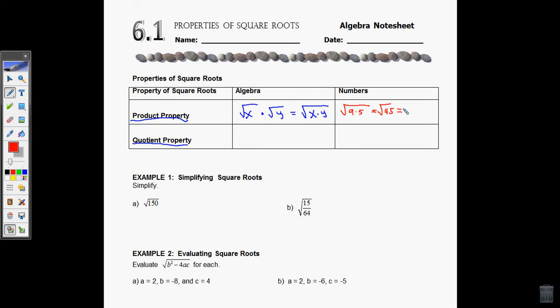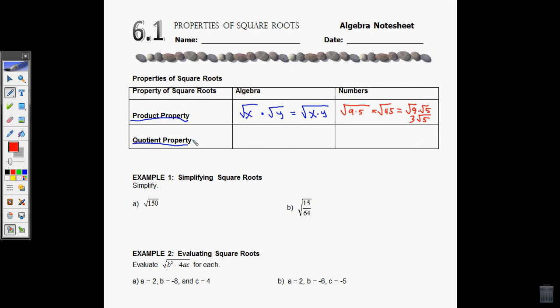I should be able to split it up to be the square root of 9 times the square root of 5. Now, why is that helpful? Because I actually know the square root of 9. The square root of 9 is 3. The square root of 5, I don't know. So it's 3 times the square root of 5, or as we like to say, 3 square roots of 5.